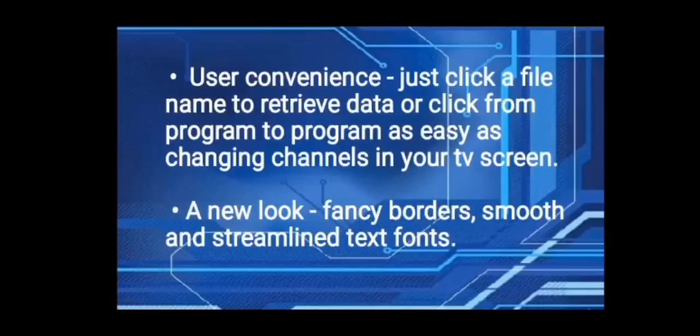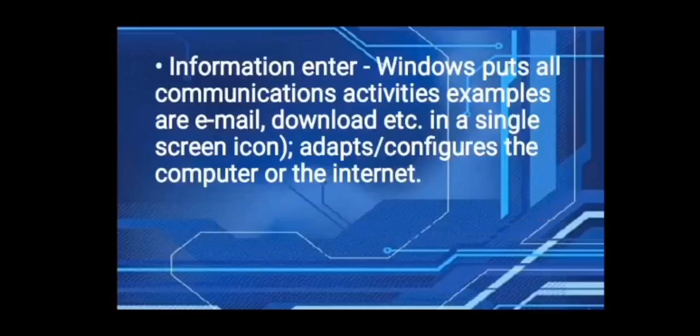So just click a file name to retrieve data or click from program to program as easy as changing channels on your TV screen. Number two is a new look: fancy borders, smooth and streamlined text fonts. And number three is information center.